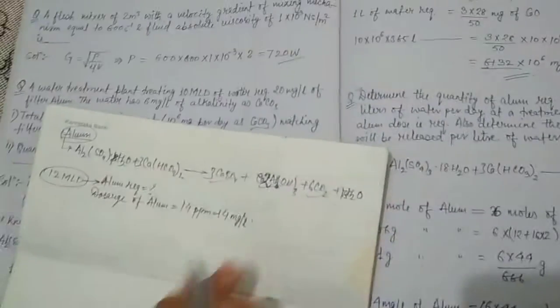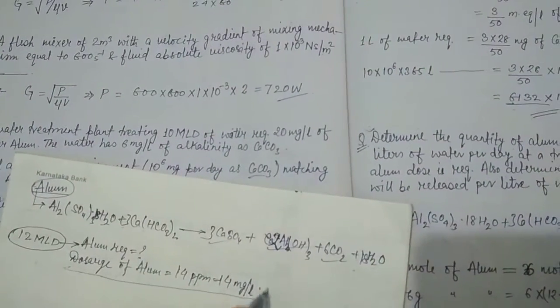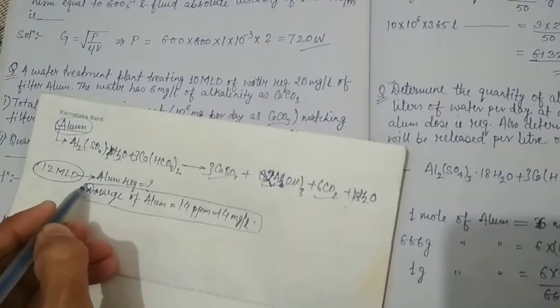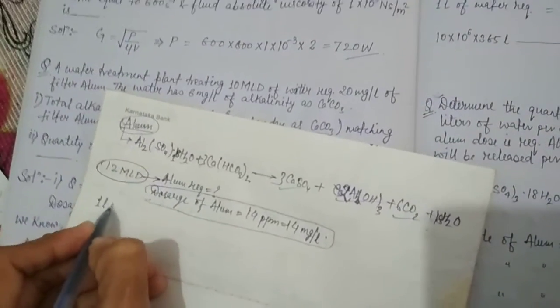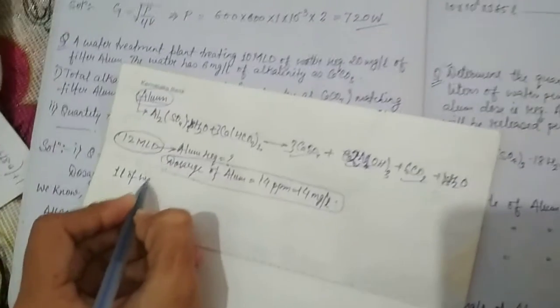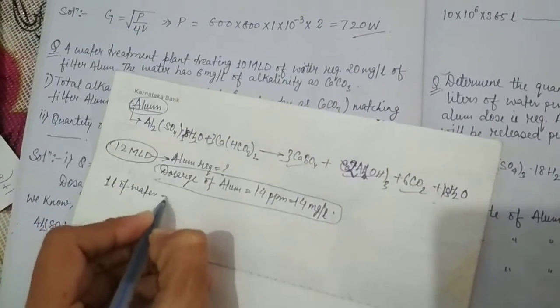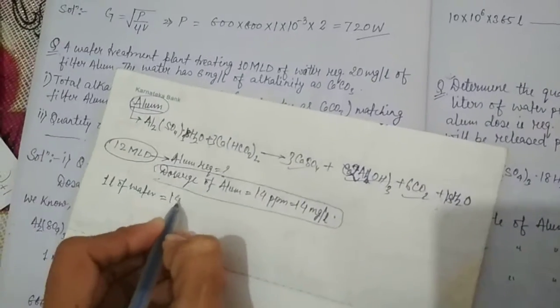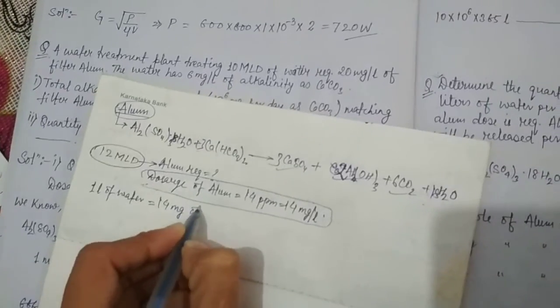You should understand what this dose means: in every 1 liter of water you have to add 14 milligram of alum.